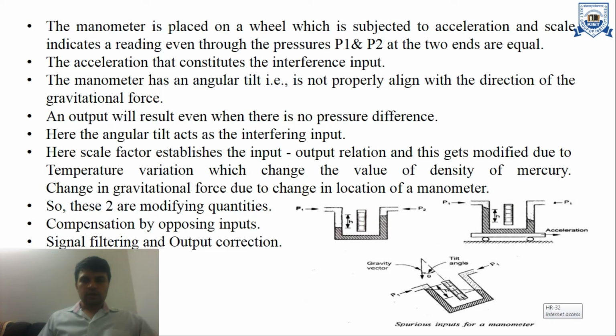So the manometer is placed on a wheel which is subjected to acceleration, and the scale indicates a reading even though the pressures P1 and P2 at the two ends are equal. The acceleration thus contributes to the interference.